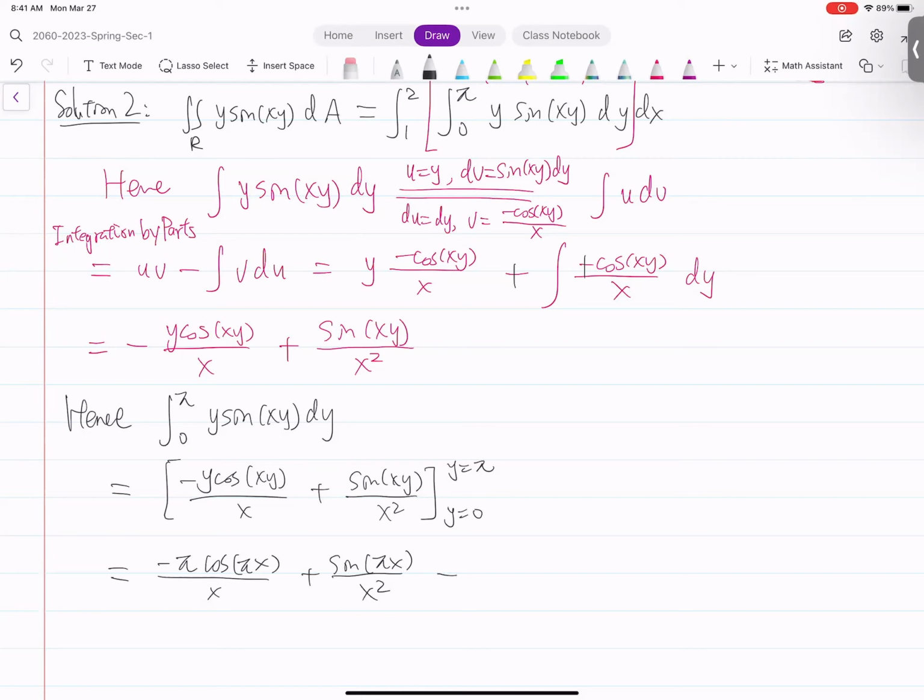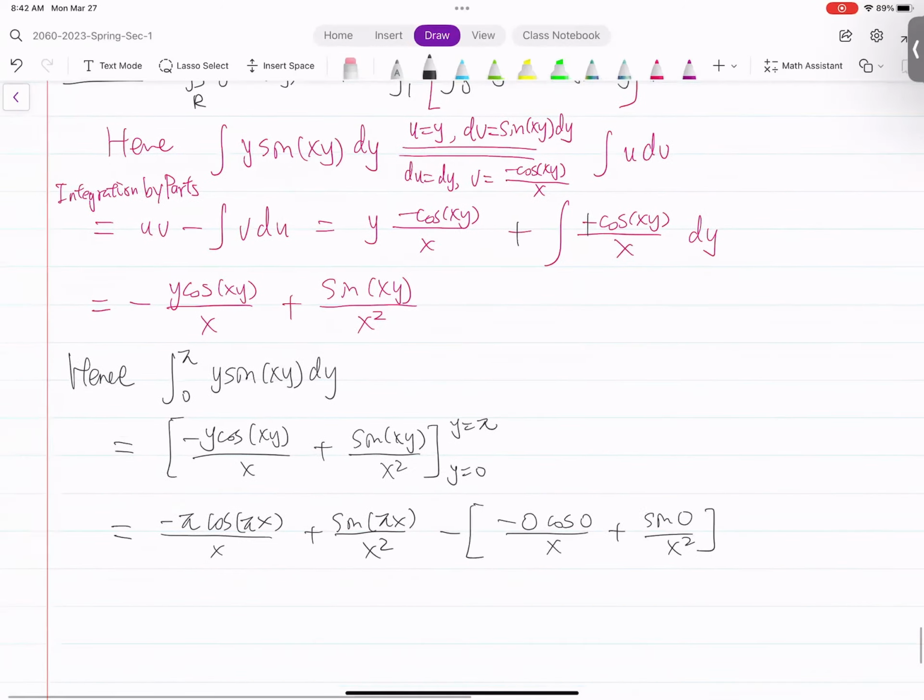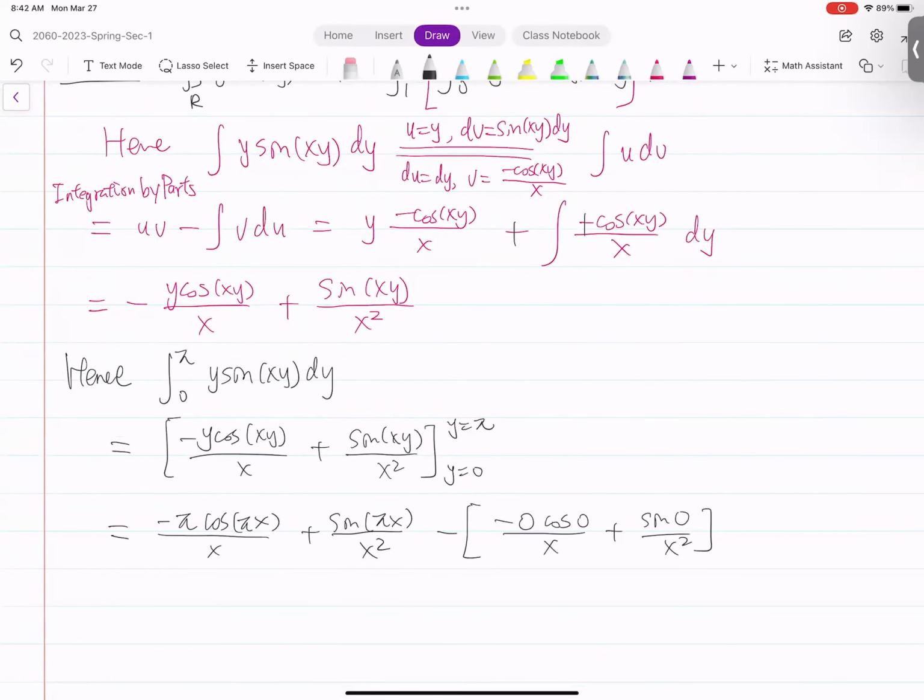So here we have negative 0 cosine of 0 over x plus sine of 0 over x squared. And you see, for those zeros in the negative brackets, they're just going to be zeros. The sine of 0 is 0.